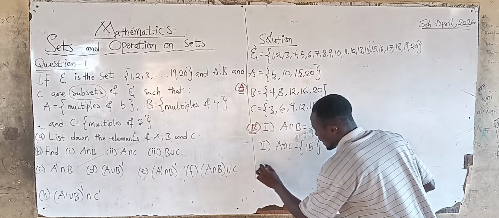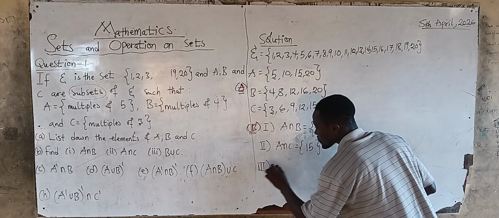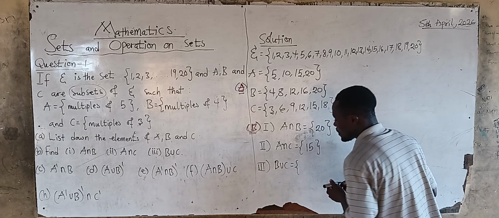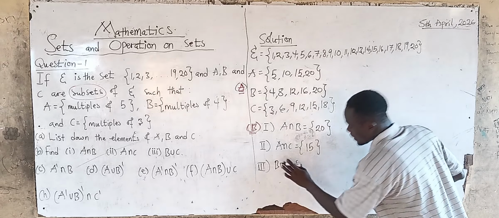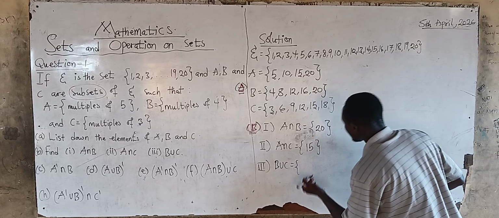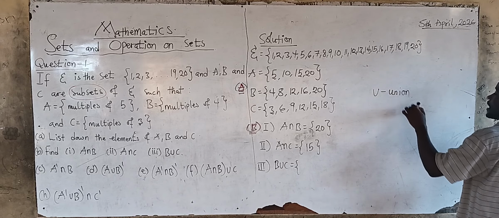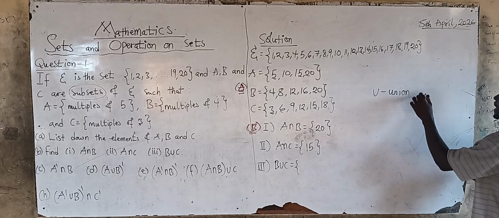Let's go to part III, which is B union C. Now, B union C means the union, this sign means union. And union means we are going to unite them.